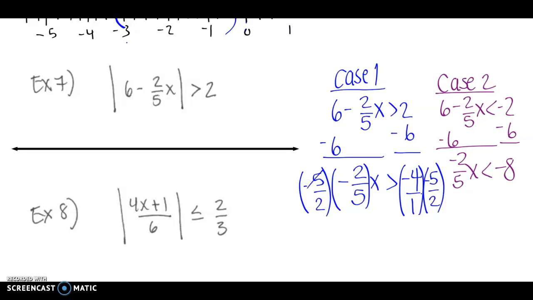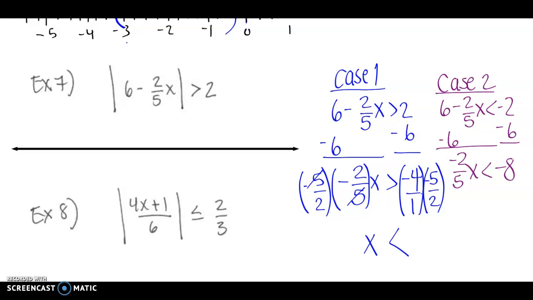Here, a negative times another negative is positive, and I'm multiplying by a negative number, so we have to remember to switch the direction of the inequality symbol. We'd end up with a negative times a negative is positive, and it's 10 over 10, which is just 1x. So anytime you multiply a number by its reciprocal, it turns into 1.